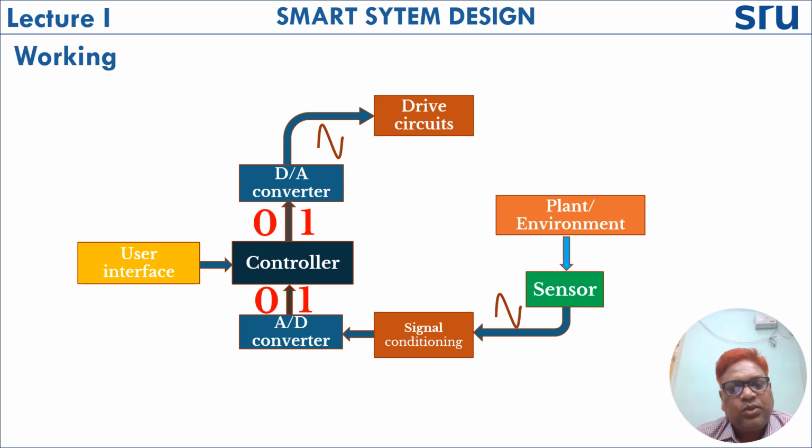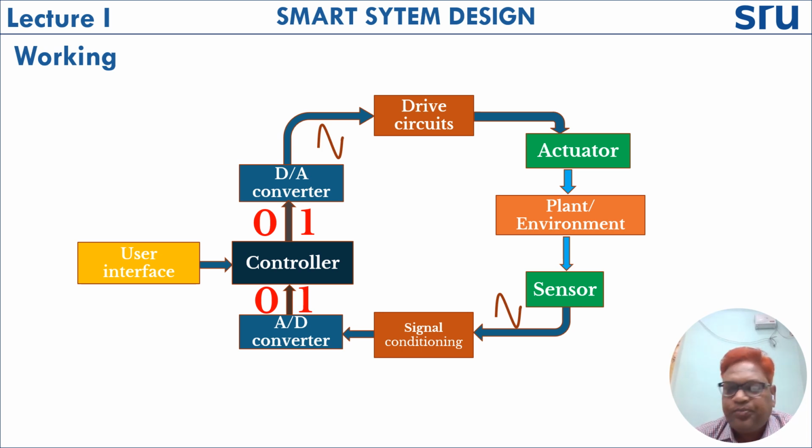After this we also require some drive circuitry. The controller is giving only control signals, but it cannot drive the compressor. The compressor operates with a different voltage, that is 230 volts in India, at 50 hertz frequency. So extra drive circuitry is required. With the help of the drive circuitry, we can turn on and turn off the actuator.